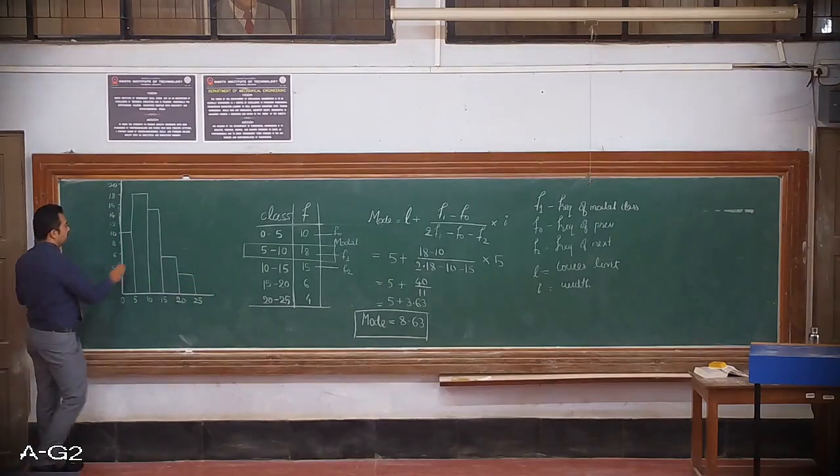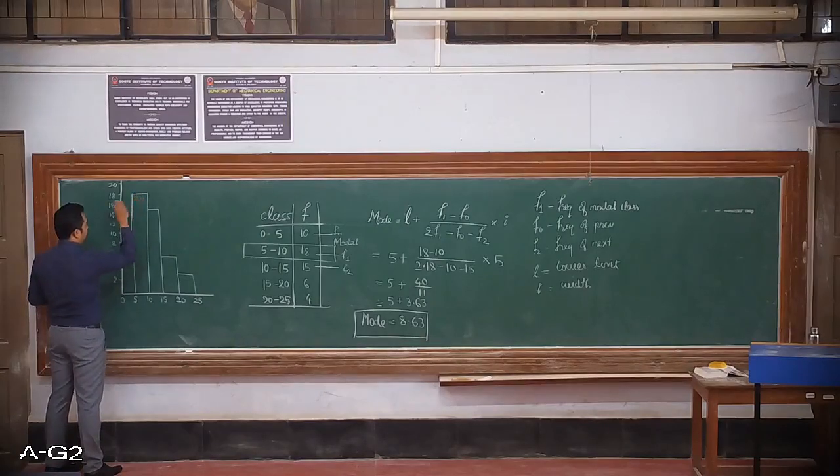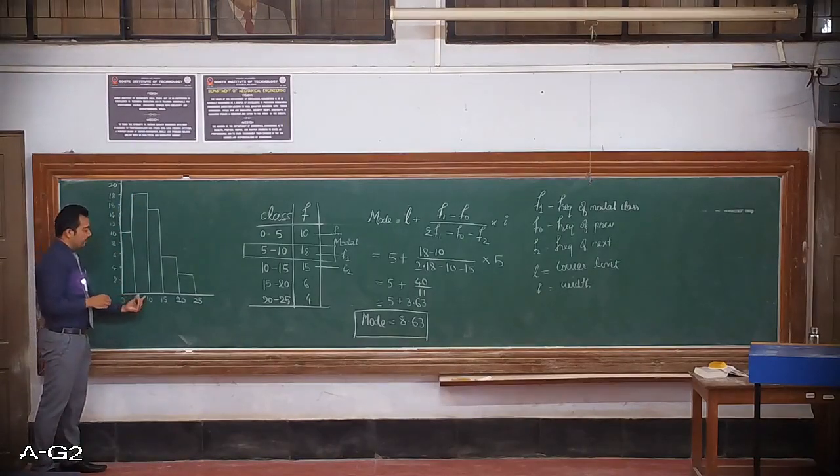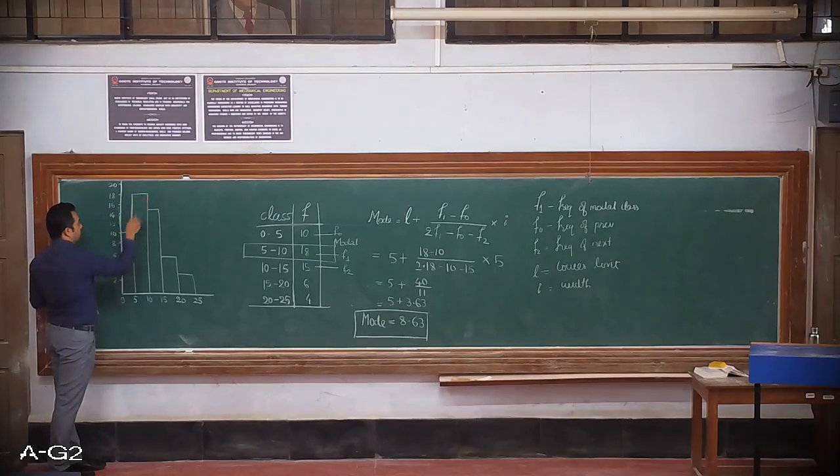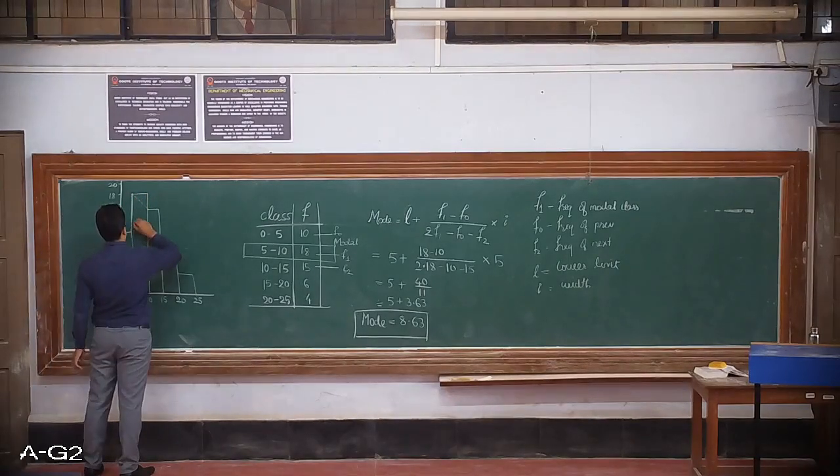Okay. Then the class which is having the maximum frequency, that is 5 to 10. Here we have the maximum frequency. So these 2 points we need to join. Okay. So to have the intersection, this point and this point, as well as this point.